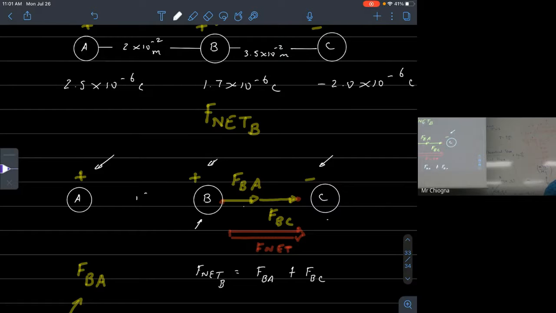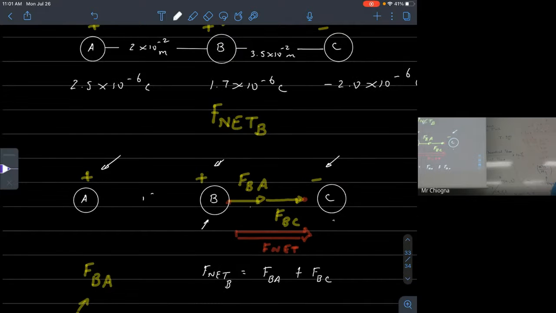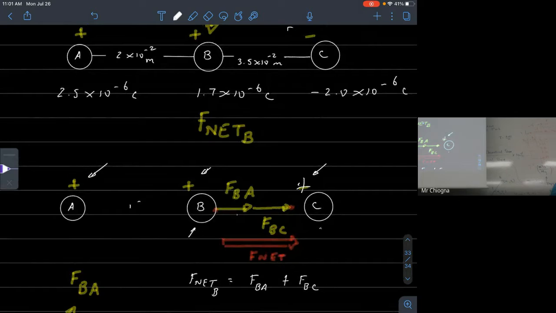Now turn your attention to C. Ask the same question. Is C pushing B or is it pulling B? It's pulling B, so it also is to the right. If this was positive, then you'd reverse the direction of this arrow here, to the left, and you'd end up subtracting. We'll deal with that later.